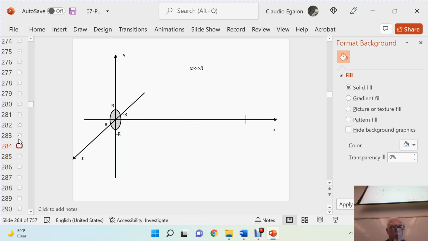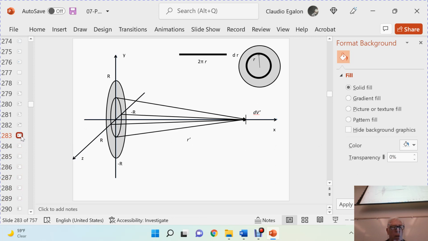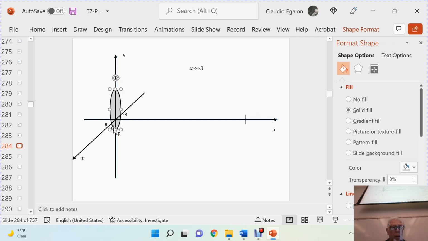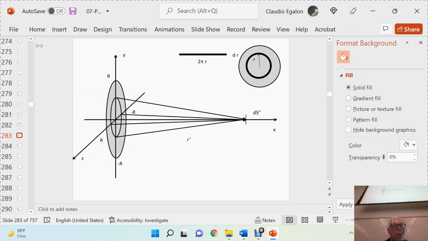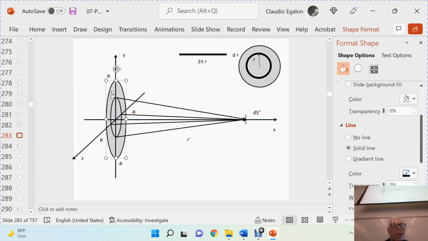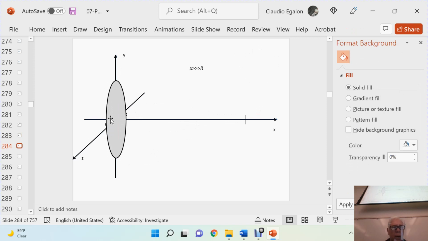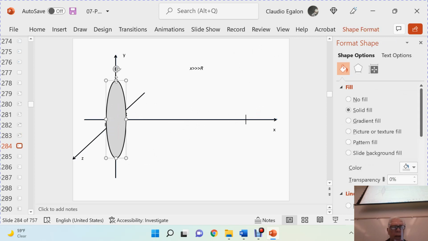So we gotta get this. We have this disk here.